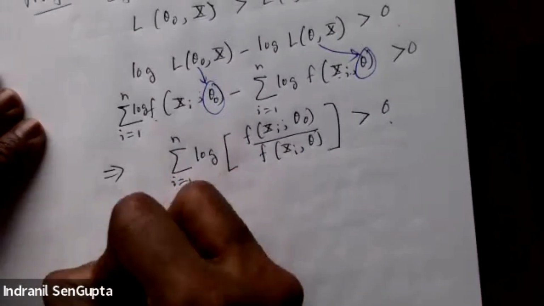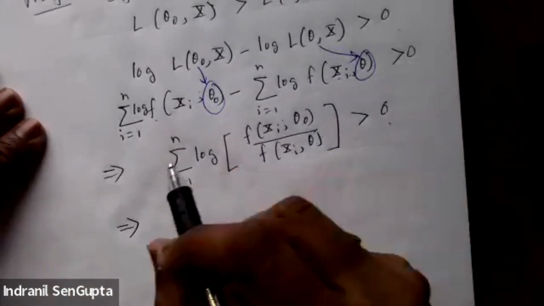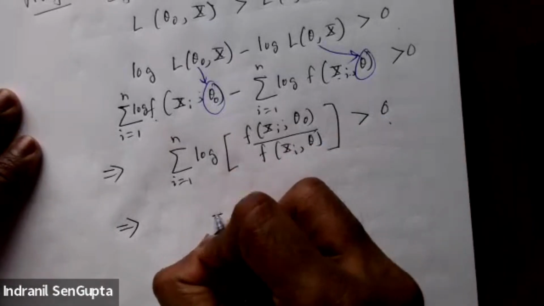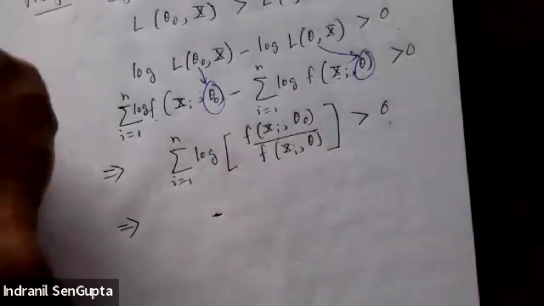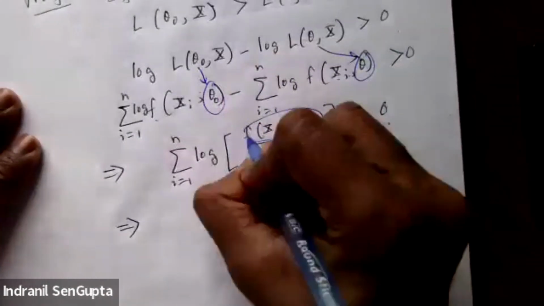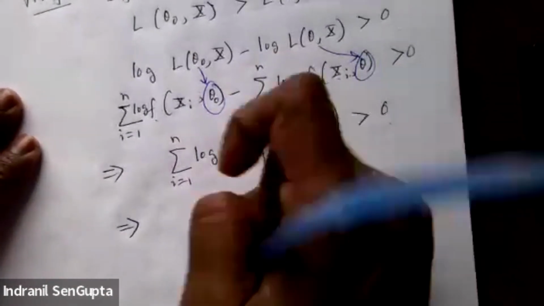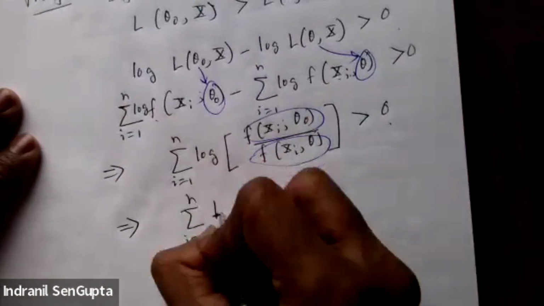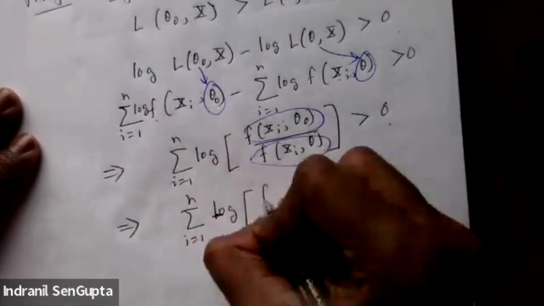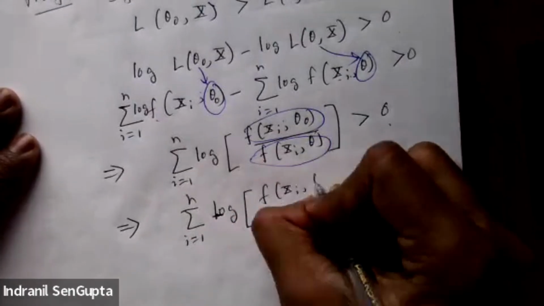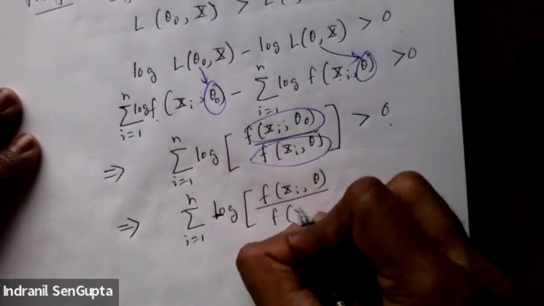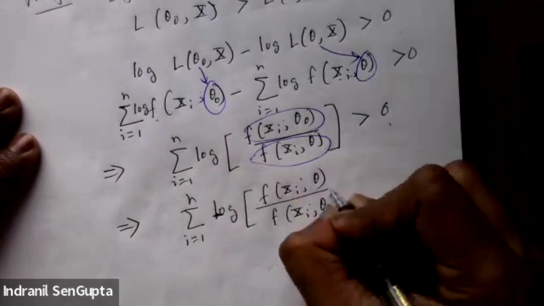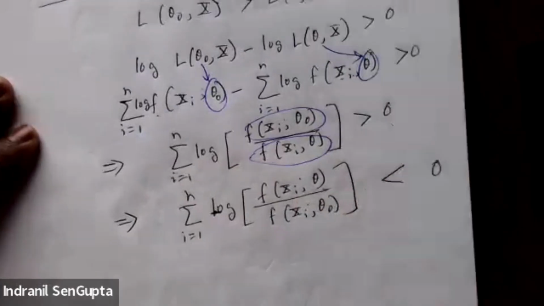And therefore, suppose I want to see the negative side of it. If I flip the factors, swapping the numerator and denominator, that gives me a negative sign. So the summation, i from 1 to n, of log of f of xi theta over f of xi theta 0 is less than 0, right?